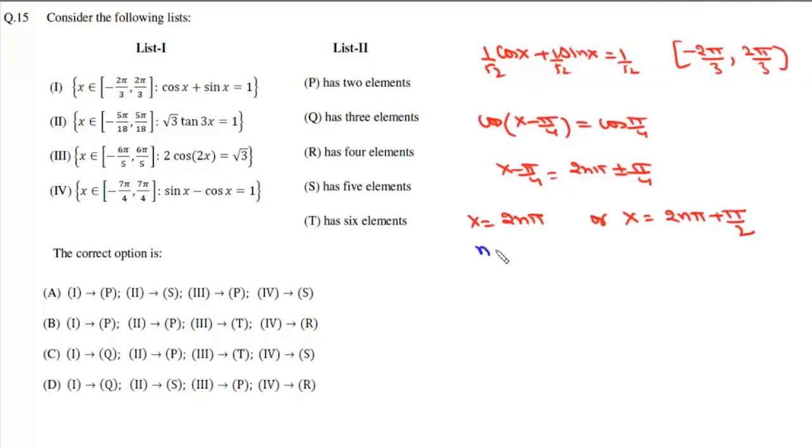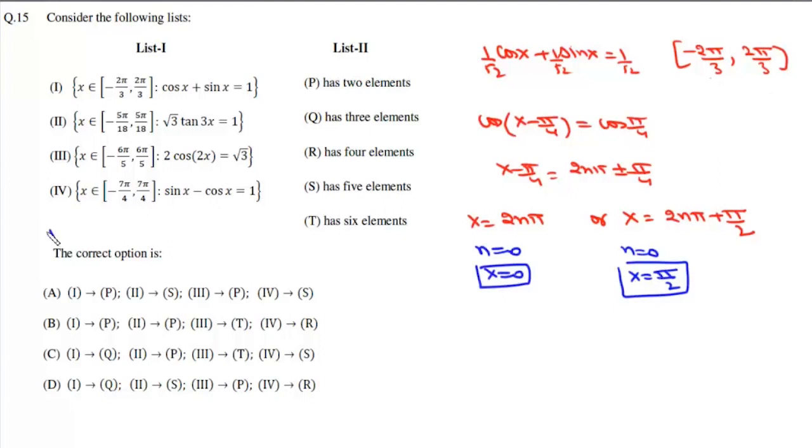Now for this one, the only value is n equals 0, for which we'll get x equals 0, and here if we put n equals 0, we'll get x as pi by 2, and for all other values it will be either less than minus 2 pi by 3 or greater than 2 pi by 3. That means this first condition has only two elements.